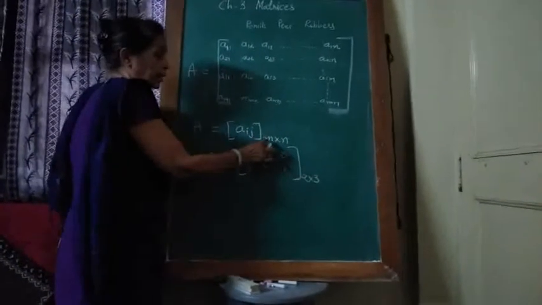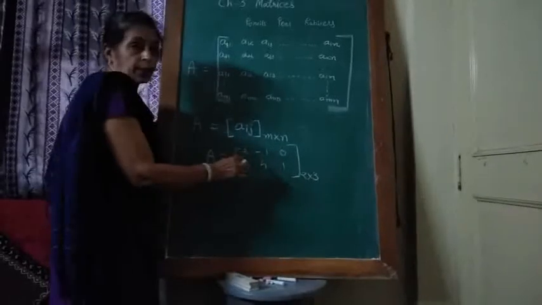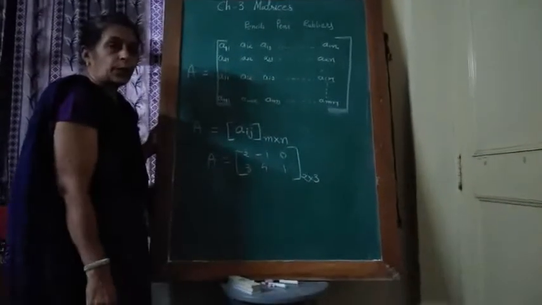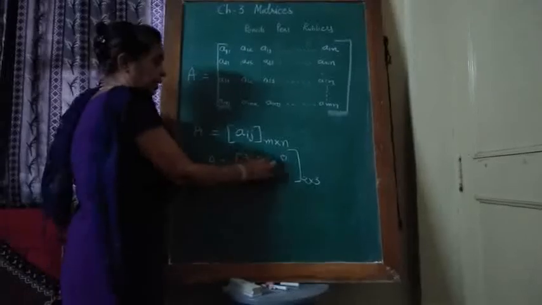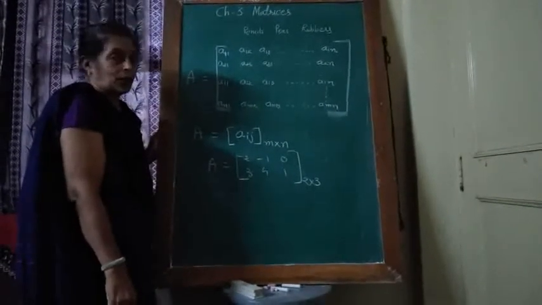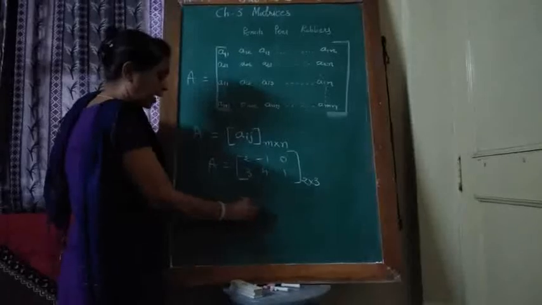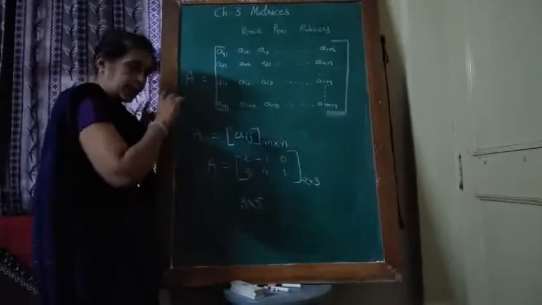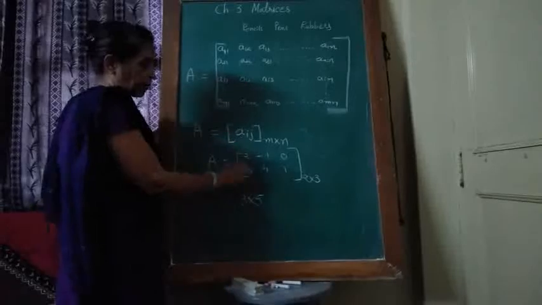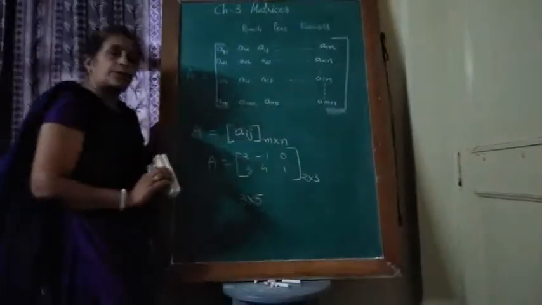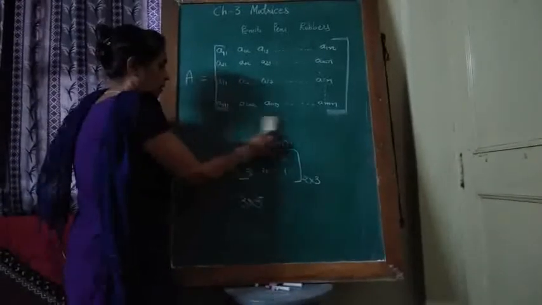You have to multiply 2 by 3, 2 threes are 6, so there are 6 elements. If the order is 3 by 5, then how many elements in that matrix? 15 elements. Clear? So rows are 3 and columns are 5, so it has 15 elements.